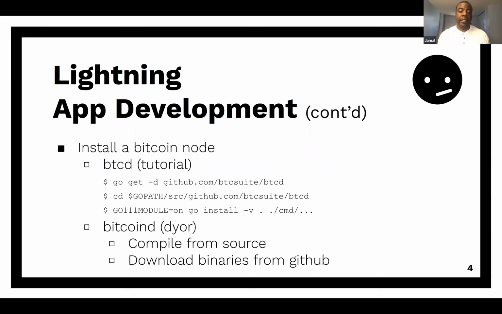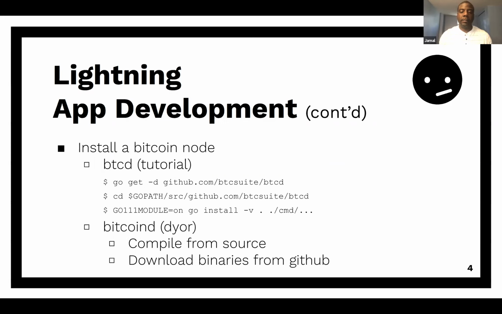But in addition to LND, obviously you need the Bitcoin node. So the tutorial, which I referenced, instructs you to install BTCD, which is a Go implementation of a Bitcoin node, which has some commands on how to install that.